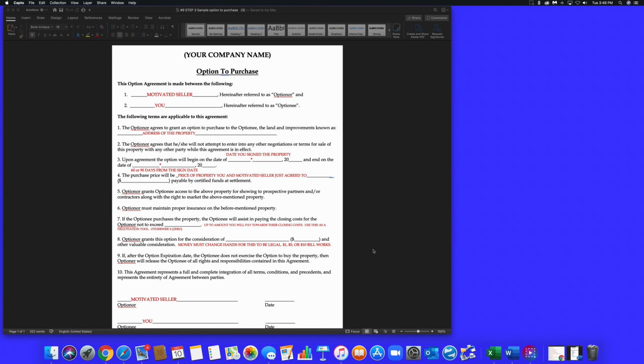But for your protection, do not take it off the contract. This agreement was put together for your safety, for your protection, as well as the motivated seller's. This was put together by an attorney, so please leave every line on it.